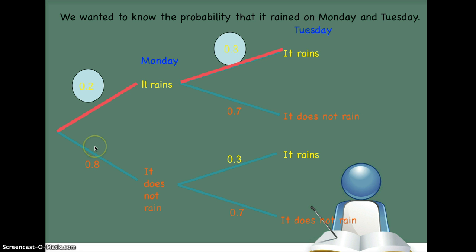Find out the probability that it will not rain on Monday, but it rains on Tuesday, as well as the probability that it won't rain on both days, Monday and Tuesday. So pause the video and do the computations independently, and we will take a look at the answers and solutions when we continue.